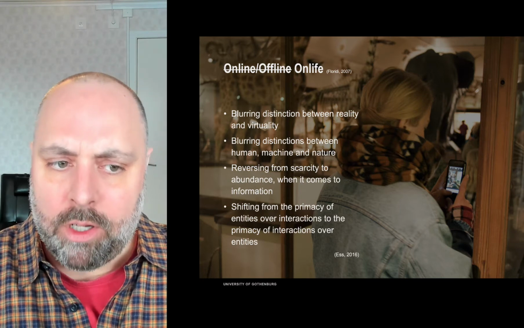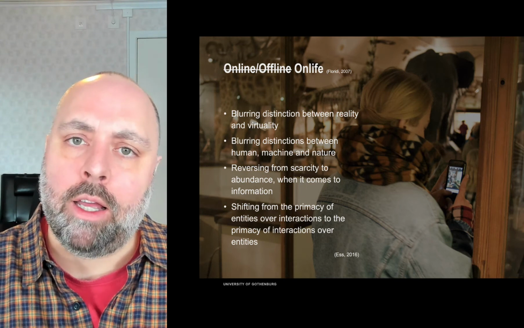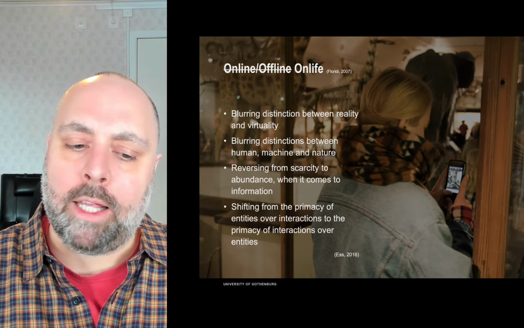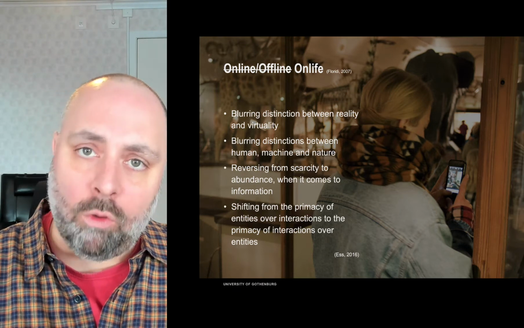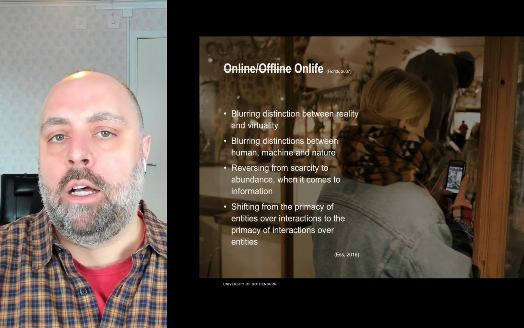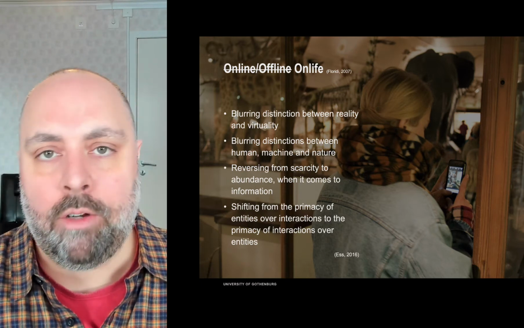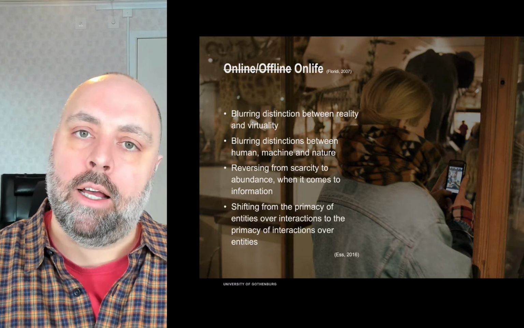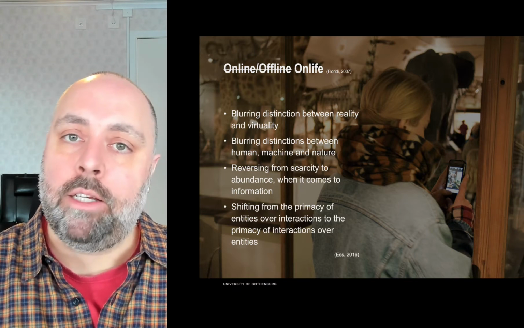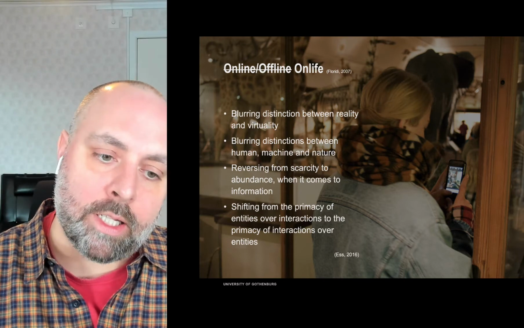Now, what's meant by reversing from scarcity to abundance when it comes to information is that we've gone from a situation where information is quite precious. We've gone from a situation where we had the Library of Alexandria being the holder of the known world's knowledge to a certain extent for that part of the world, accessible to very few legitimate people, to the democratization of knowledge through things like the printing press and the mass media, but still the need to go to a library, look up information in a card catalog, attend courses.